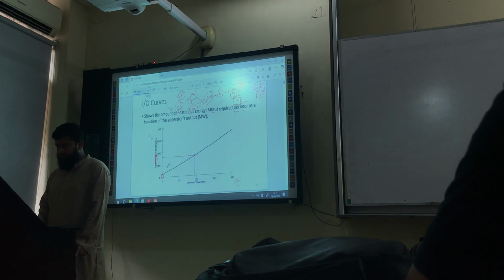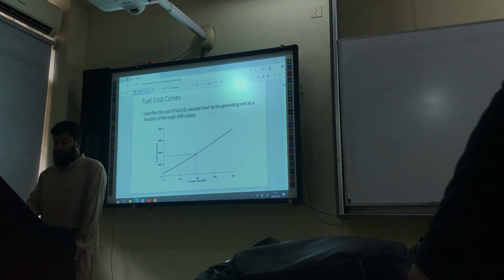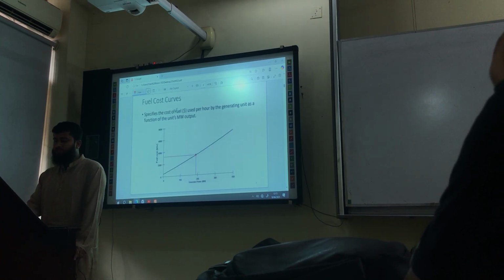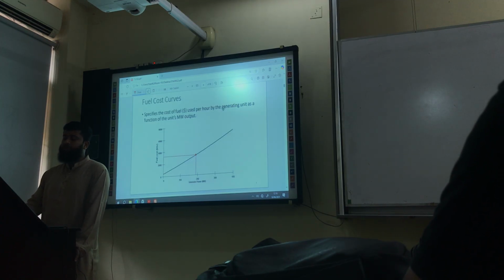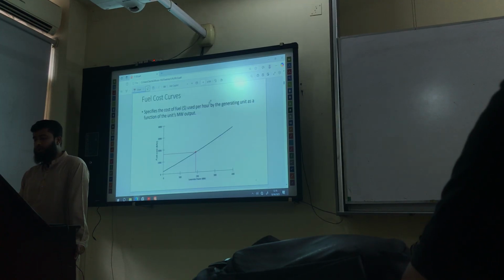Now the next curve is the fuel cost curve. What is the fuel cost curve? It specifies the cost of fuel in dollar units, or it can be in any other currency. If you think about our country, then it will be BDT. So it is the cost of fuel used per hour by the generating unit as a function of the unit's megawatt output.